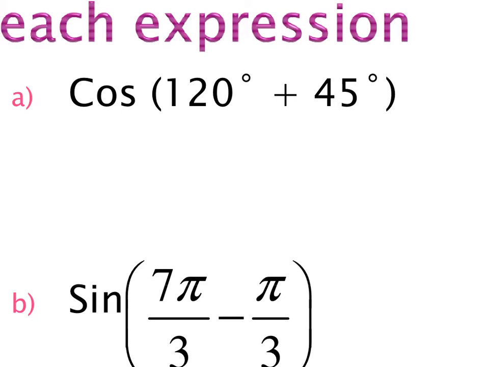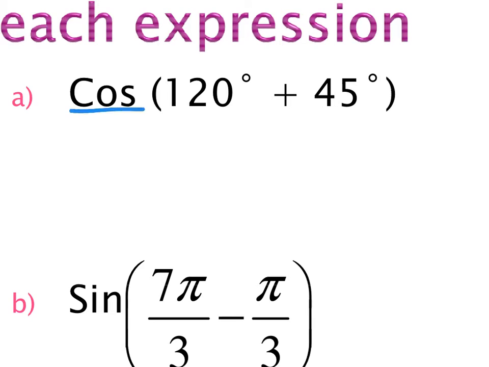Because when I add these two, I'd get 165. And if you remember on your unit circle, 165 is not one of those angles. So without a calculator, you wouldn't be able to get this answer. And even with a calculator, it wouldn't be exact. So we use the sum and difference to find the exact values without needing a calculator.